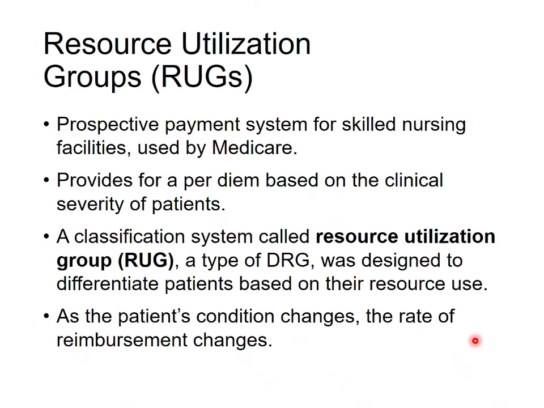So then we also have the resource utilization groups. In addition to the services provided within a hospital system, there were other services that needed to happen within skilled nursing facilities that were using the Medicare payment system. So there needed to be certain classifications, a certain system, so that this could be organized as well.